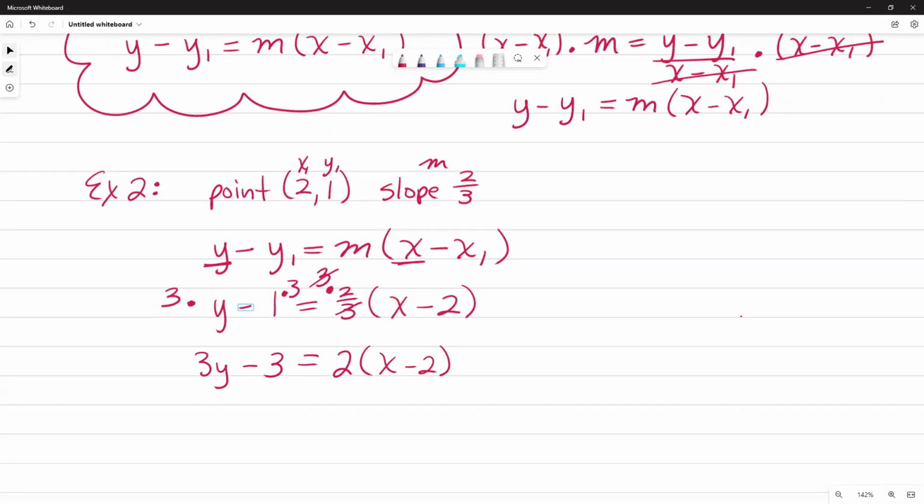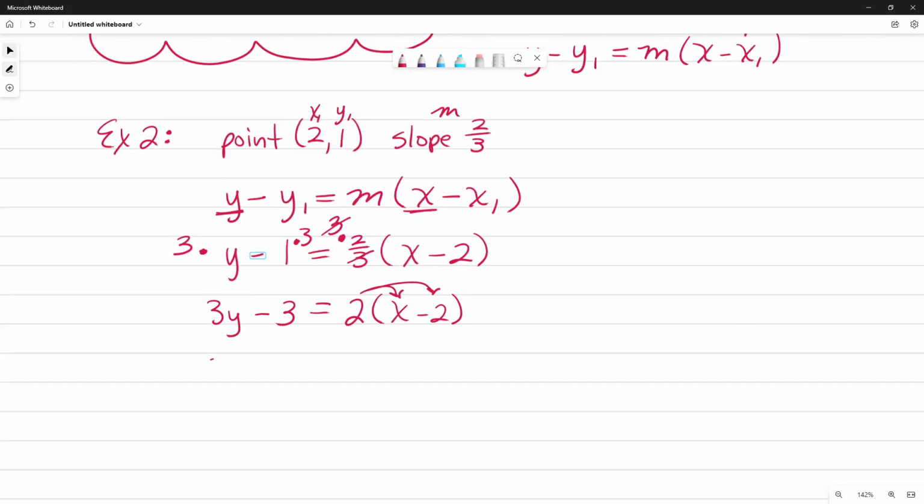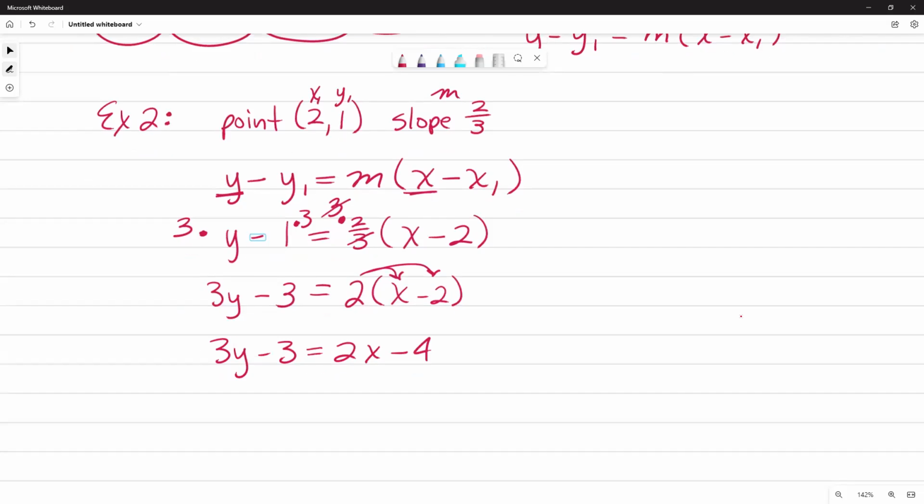So now what do we do? We distribute, and we distribute into every term. Now this is where that 2 interacts with the x minus 2, the expression inside the parentheses. So 3y minus 3 equals 2x minus 4. Now let's get rid of this 3 first and combine like terms.